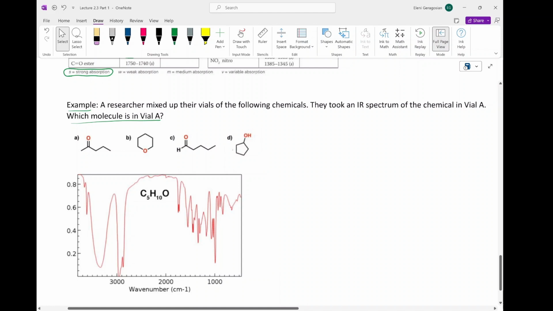If we look at about 1700 here, we don't have a peak with a strong absorption. We have a short peak, but if we're looking for a carbon to oxygen double bond, that peak should be much lower. And we don't have that here. So it's probably not A, it's probably not C. One thing that we do notice, we have peaks right around here at about 2500.